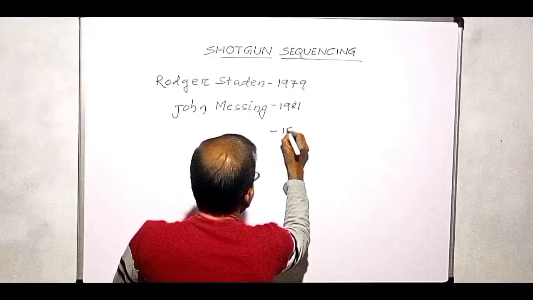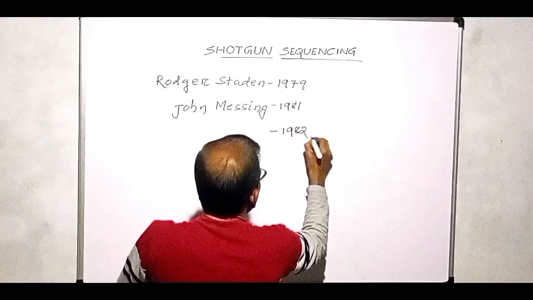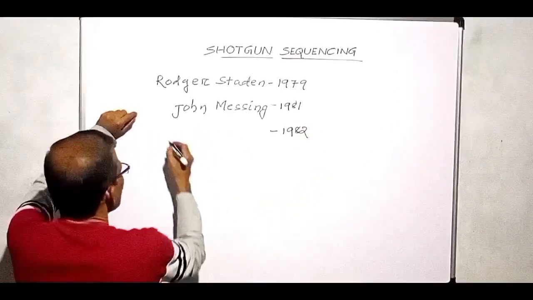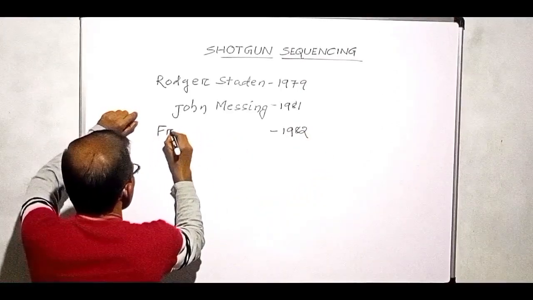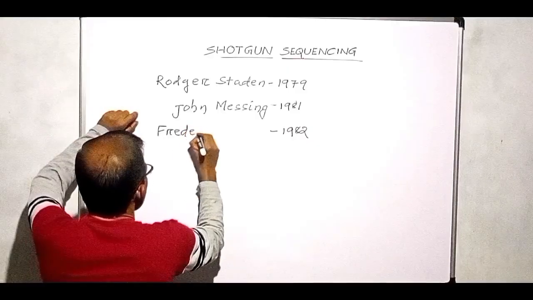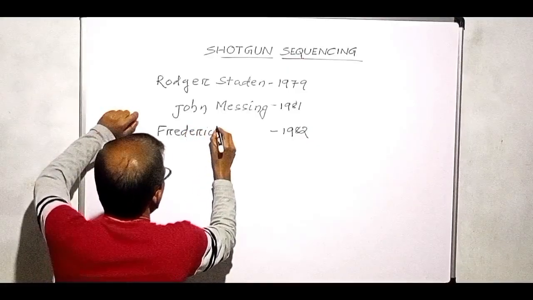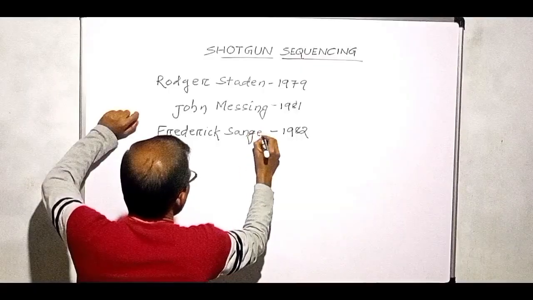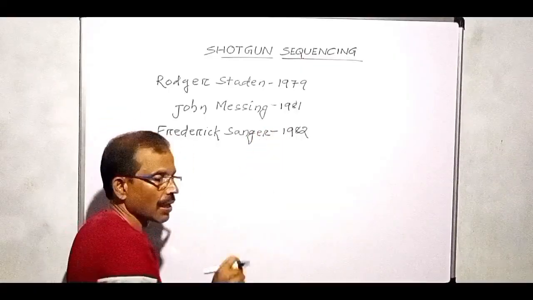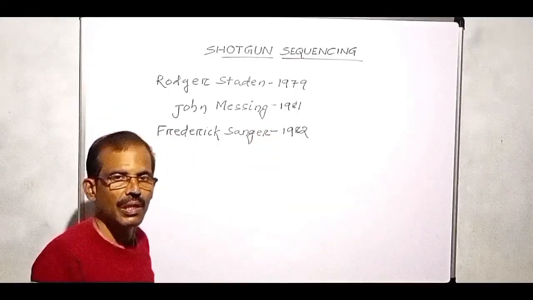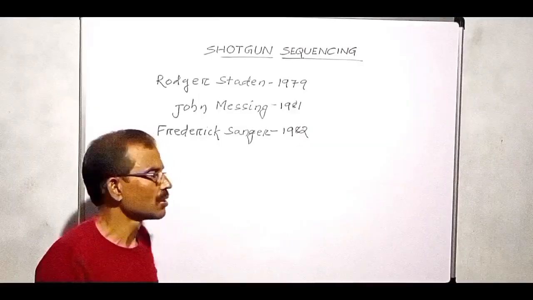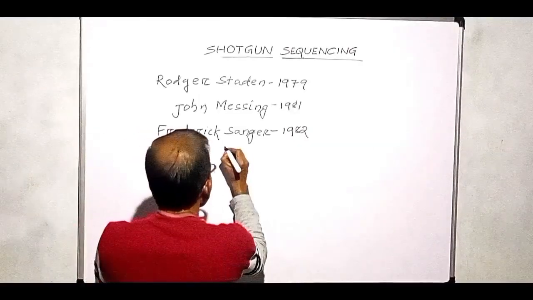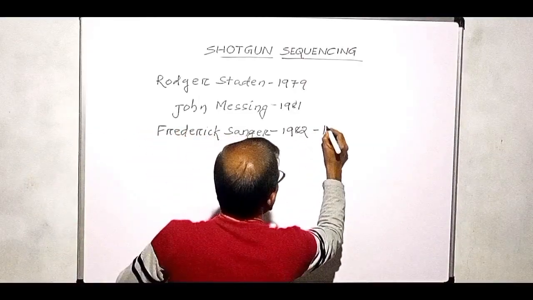In 1982, Frederick Sanger, who developed the chain termination method, used shotgun sequencing to sequence the genome of Bacteriophage lambda.